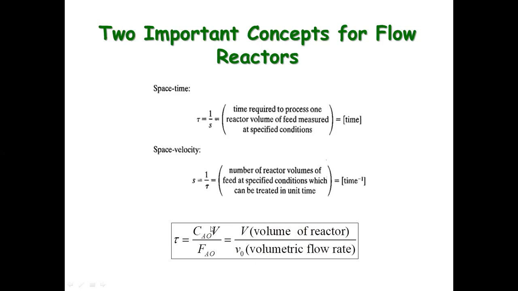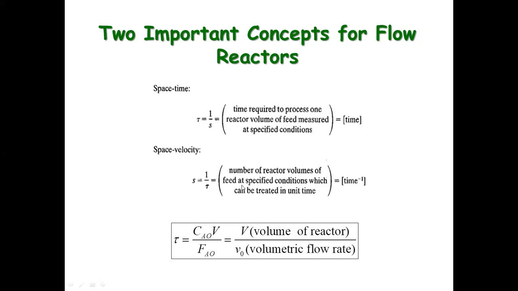Now, the space-time could be expressed in terms of this formula for both of our steady state reactors: CAO times V over FAO. CAO is the initial concentration, V is the volume of the reactor, and FAO is the molar feed rate. Molar meaning it could be mole per cubic meter or pound mole per cubic feet, mole per hour or mole per second.